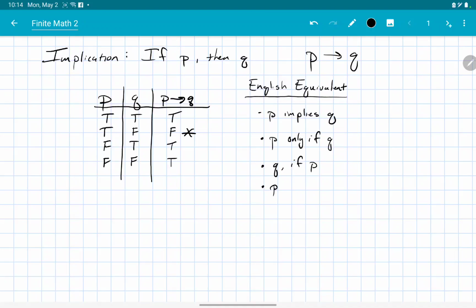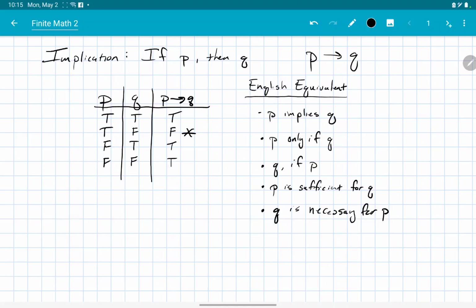Another one, P is sufficient for Q. So that would be a number is divisible by 4 is sufficient for the number to be even. And then Q is necessary for P.